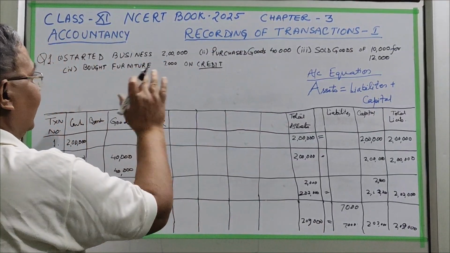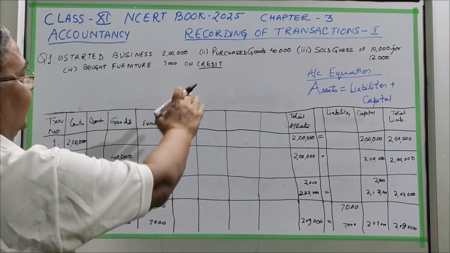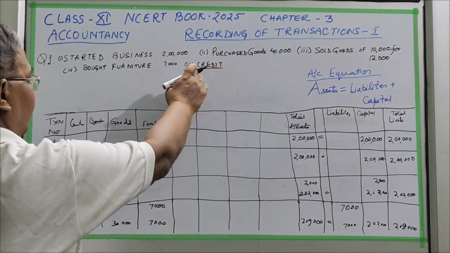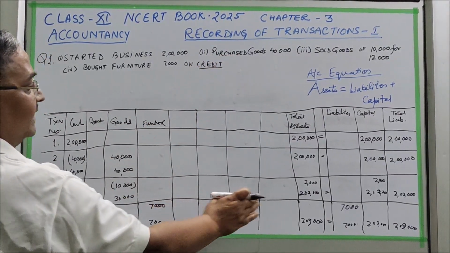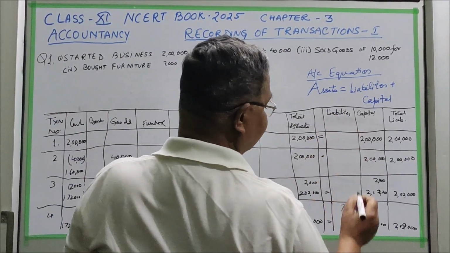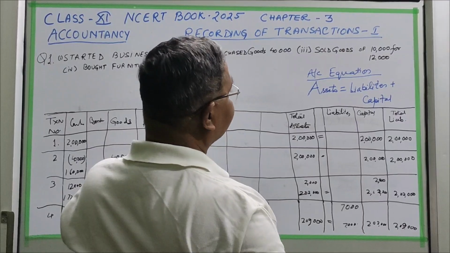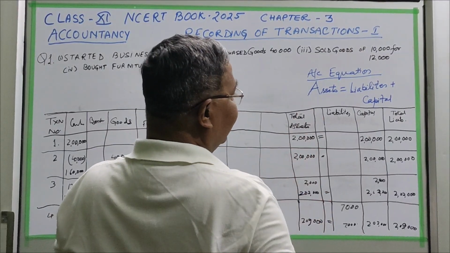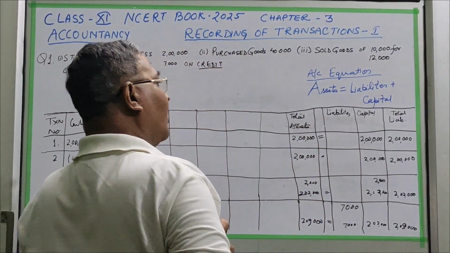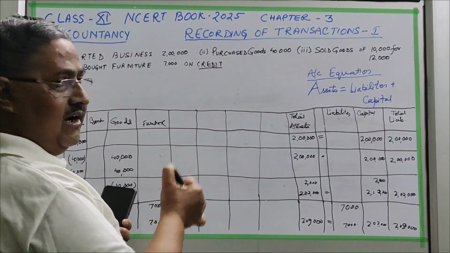So I am taking another situation when the goods are sold, bought furniture on credit. Same thing, goods purchased on credit, the same type of entry will be there. It will increase your liability. Liability means creditors, the persons who will be taking money from you. So in this way, our question number 1 of the equation is over. Okay, now we will talk about another question of the accounting equation.